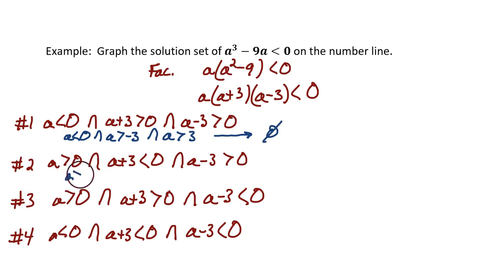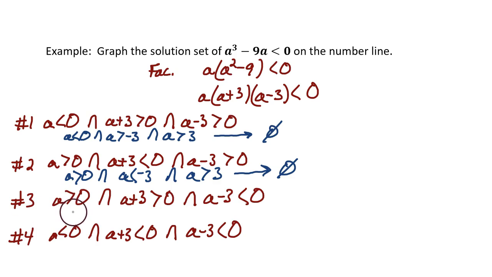This one says that a is greater than 0, and a is less than negative 3, and a is greater than 3. A is greater than 0, and at the same time, it's less than negative 3. That's not possible. That's an empty set.